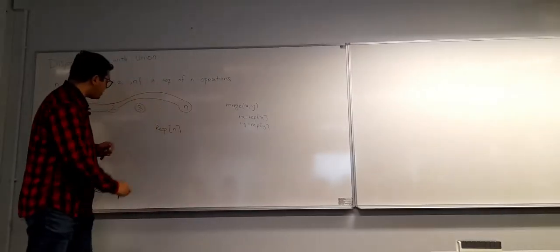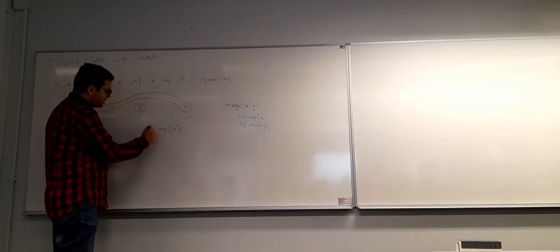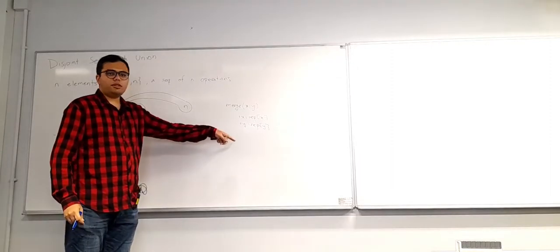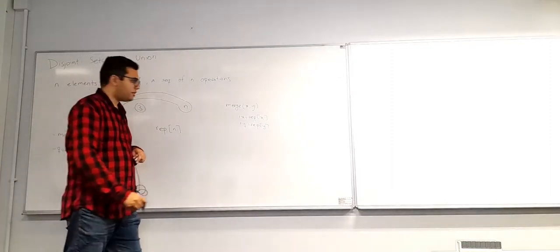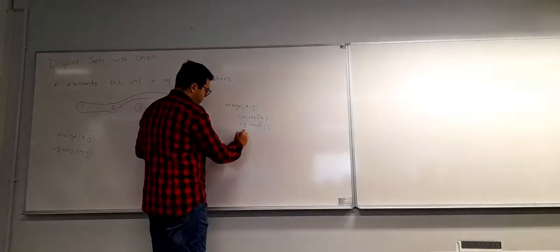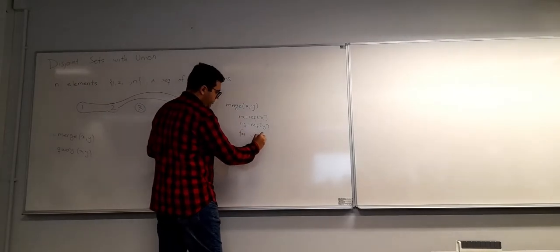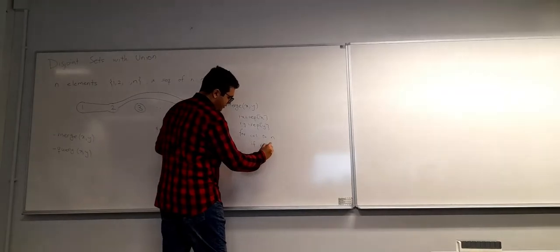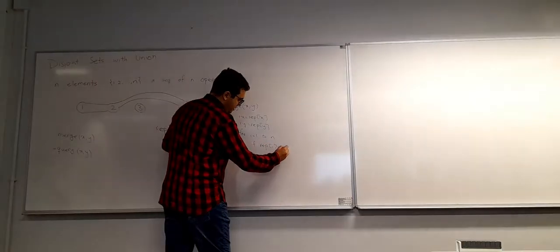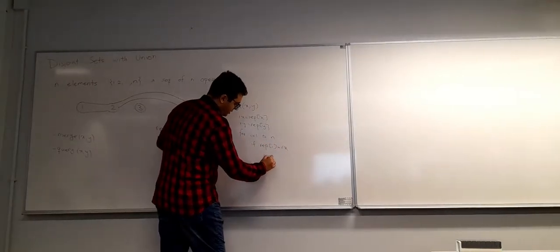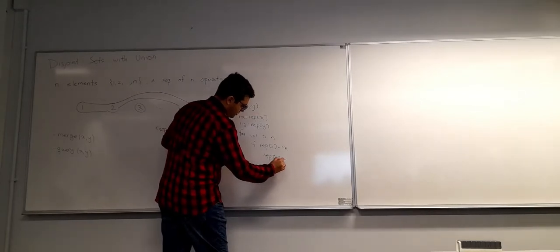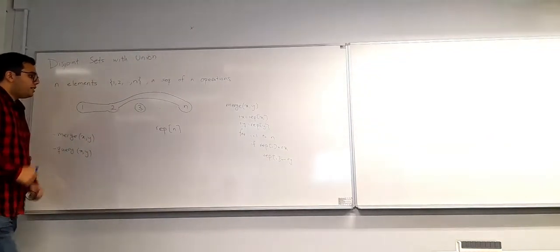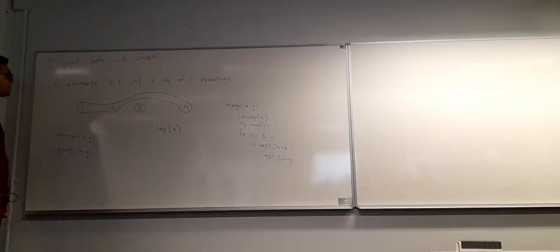Then I can just go over this whole representative array, and whenever I see Rx, I replace it with Ry. So for any i from 1 to n, if the representative of i was Rx, set it to Ry. This would, of course, solve my problem.